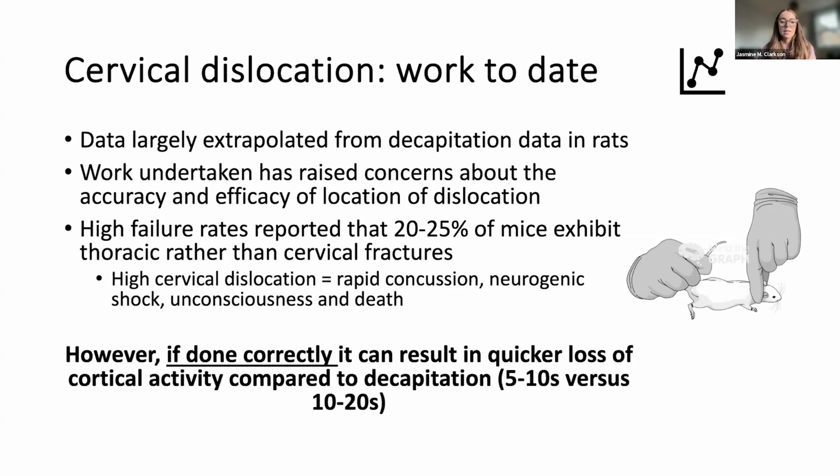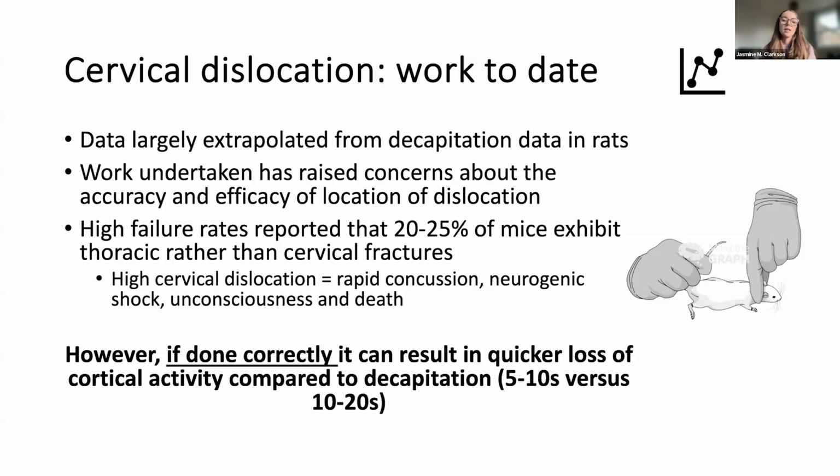So obviously, mice and some rats are particularly small, and therefore previous work has shown that there are relatively high failure rates. It was reported that nearly a quarter of mice exhibit thoracic rather than cervical fractures, and therefore this really does affect their welfare at killing and how quickly they will lose consciousness and die.